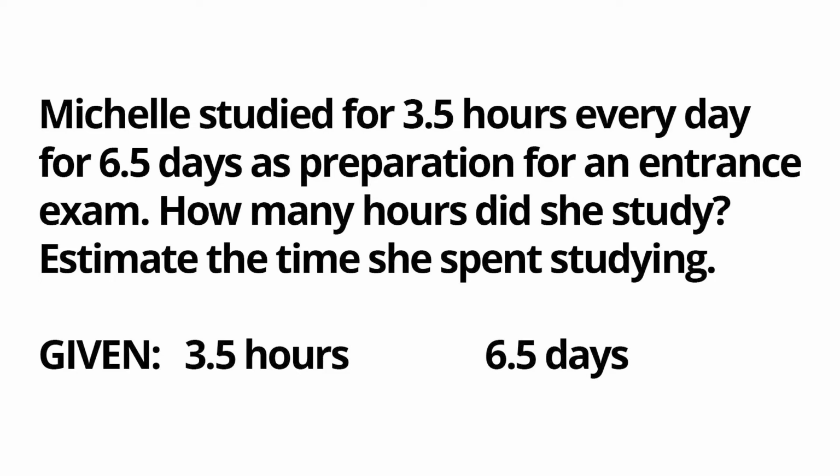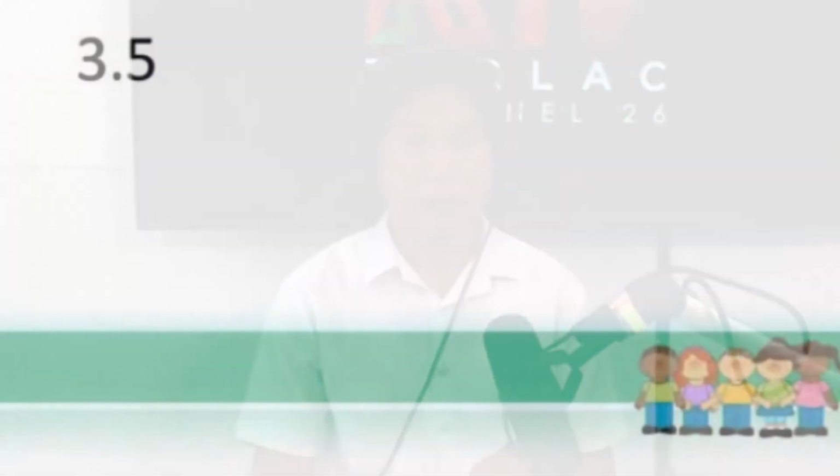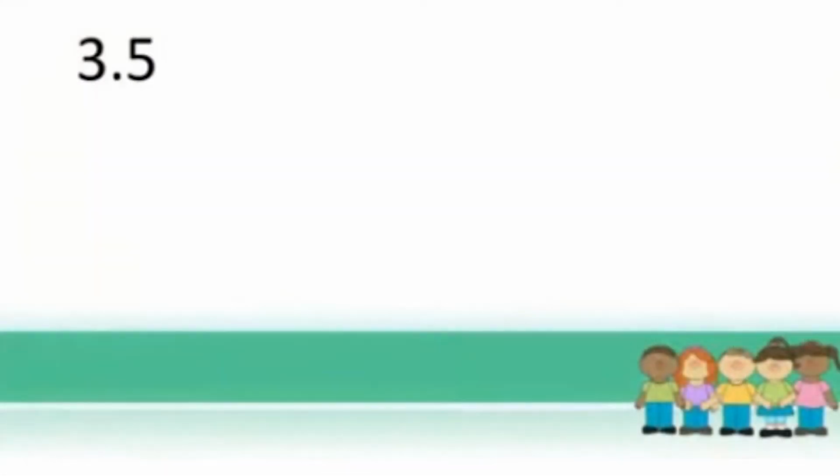This means drop the decimal numbers and retain the whole number. If the number is equal to or greater than 5, round the number up to the nearest whole number by adding 1 to the number you are rounding and drop all the decimals. Let's go back to our given data, the 3.5 hours and 6.5 days.